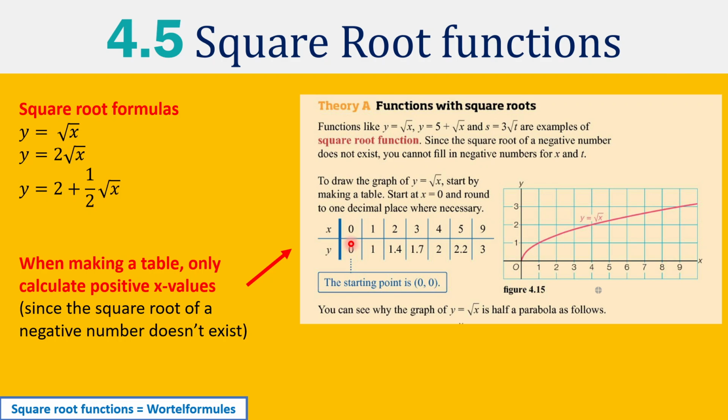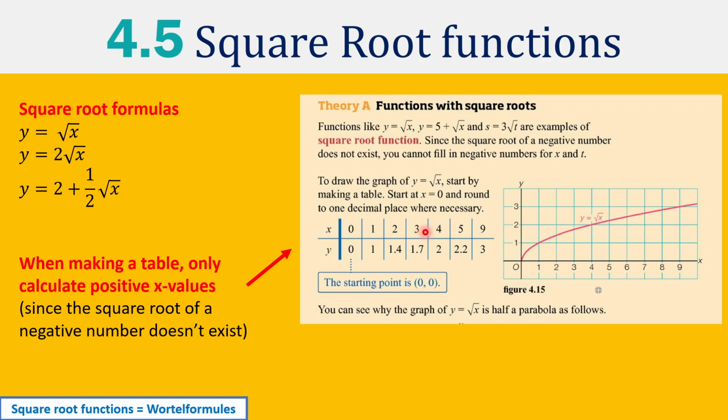If I'm going to draw it and fill in some numbers, for example, x is 0, 1, 2, 3, 4, 5, and then 9, you think, oh, why 9? Well, some of them give a nice result. For example, if I fill in x is 0, I find the root of 0 is 0. So apparently the origin is a point on this graph. The root of 1 is 1, so (1,1) is also on this graph.